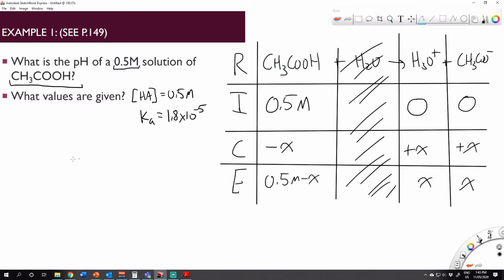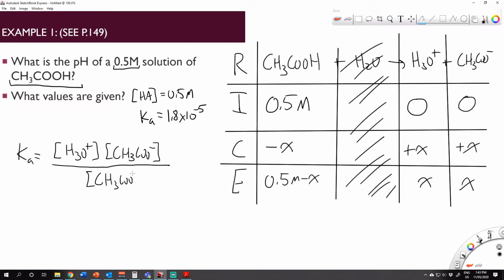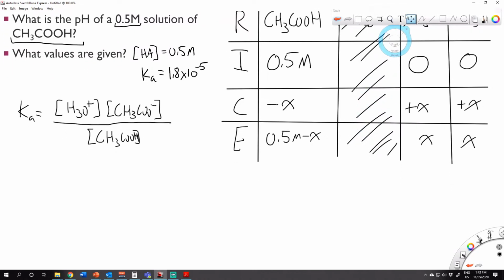Now, given the definition of what an equilibrium constant is, Ka is going to look like this. Concentration of products, the H3O plus and the CH3COO minus, divided by the concentration of the reactant. No different than any other equilibrium thing we've done. We're just applying it specifically to acid-base reactions now.